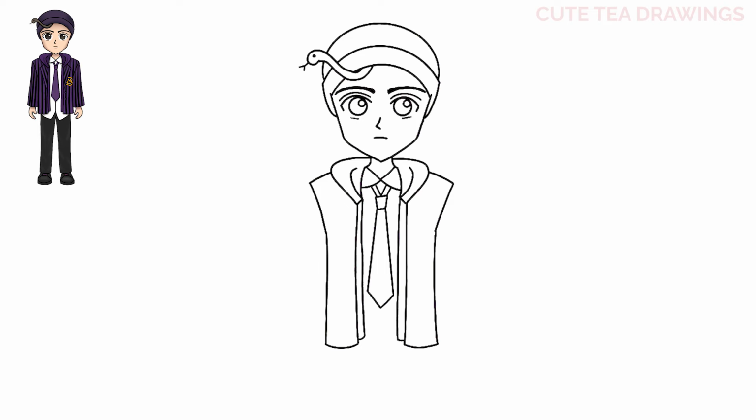Now let's add the bottom of his dress shirt. Underneath the tie in the middle, let's draw a line down. Then underneath, let's angle it down to the left and down to the right. And then let's curve it back up to the jacket on both sides. Next, let's add some details to his jacket, starting with the collar.